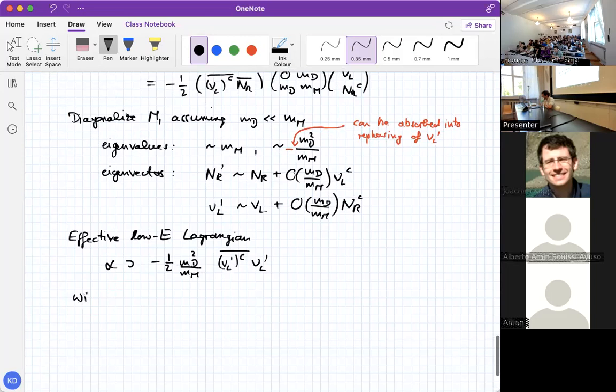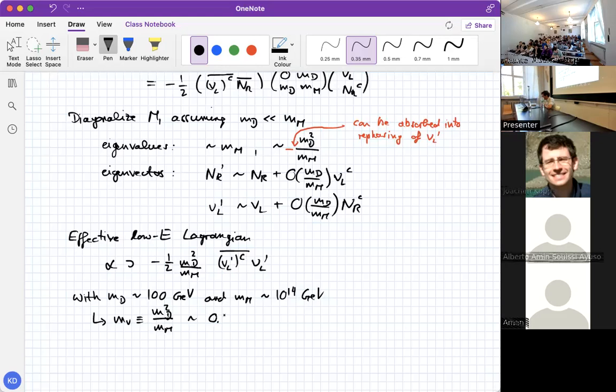So for instance, with mD similar to 100 GeV, so roughly the electroweak scale, and mM similar to 10 to the 14 GeV, we end up with neutrino masses, mD squared over mM, of order 0.1 electron volt.